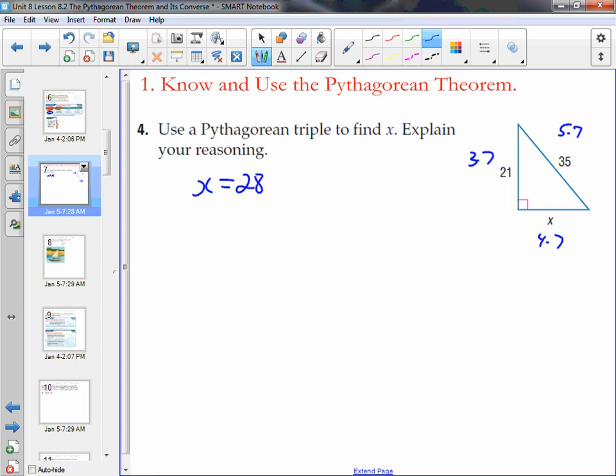28. Now, could I come up with 28 without trying to find a multiple of one of those Pythagorean triples to use? Yeah. Just do 21 squared plus x squared equals 35 squared. Now, you're probably going to need a calculator for this. Let me open up a calculator here.